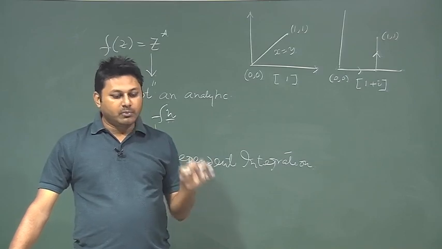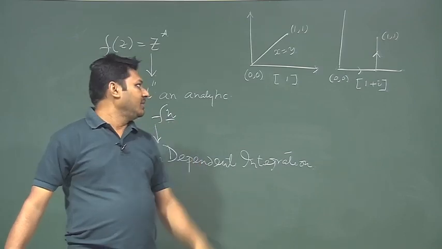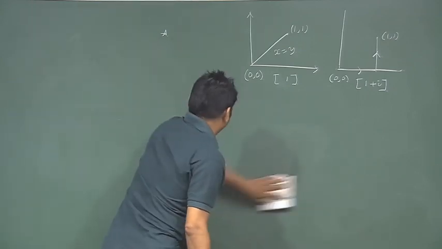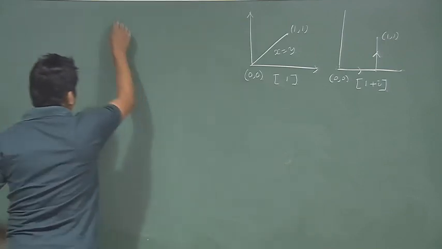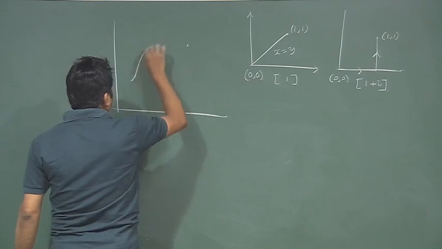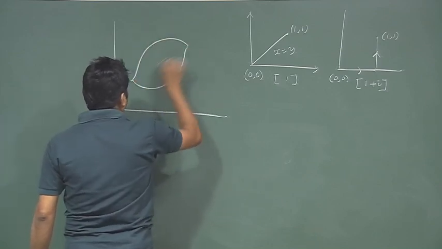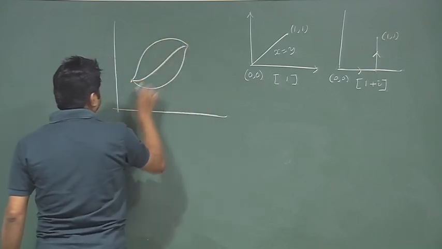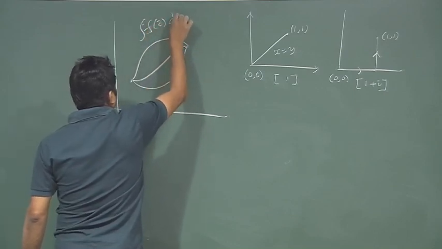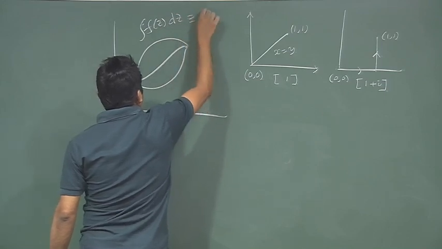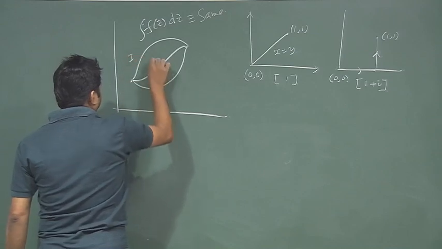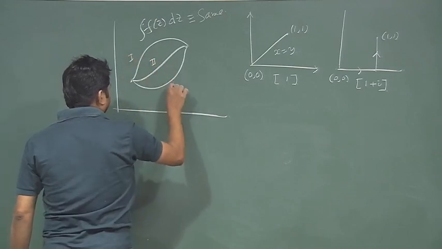If I go from one point to another point on any path I like, let me show that. From this point to this point, if I go with this or with this, since this point is fixed, the integration of f(z) dz will be the same for all the paths.